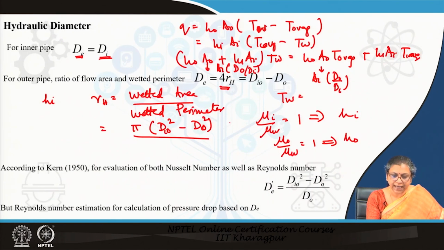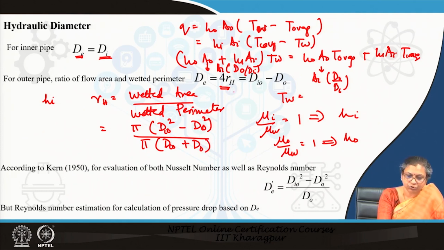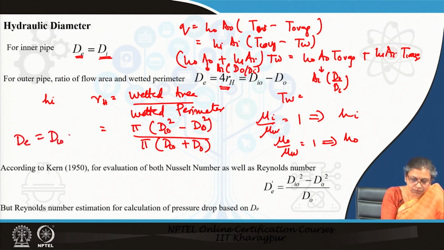So, therefore, in that particular case, this is going to be pi (DI plus DO), right. So, therefore, from there what do you get? You get that for the annular fluid, the dE is nothing but equal to DI minus DO.